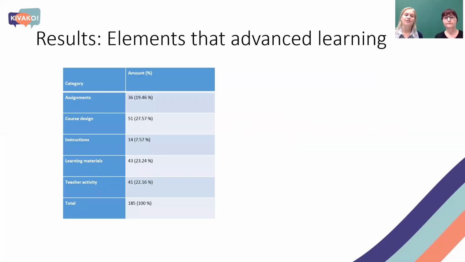Okay, and then the results. The first research question, elements that advance learning. According to the students, the most important element that advanced their learning in an online course was actually the course design.